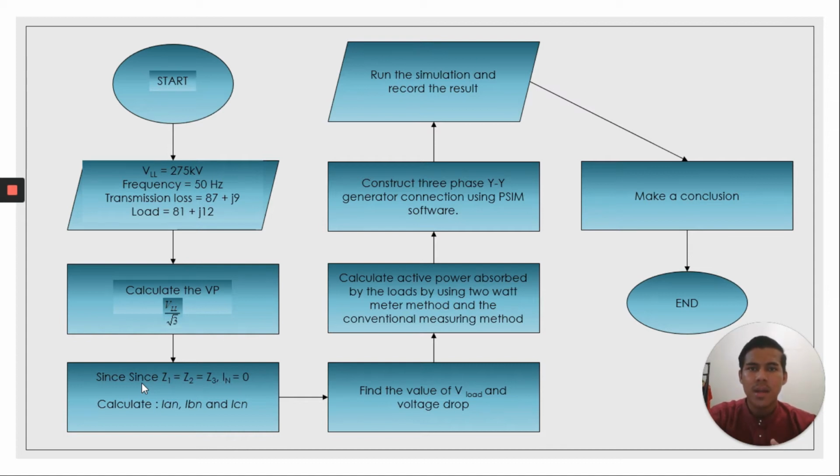So the next step is to calculate IAN, IBN, ICN. IAN, IBN and ICN represent the phase currents. The next step of the flowchart is to find the value of V load and voltage drop.